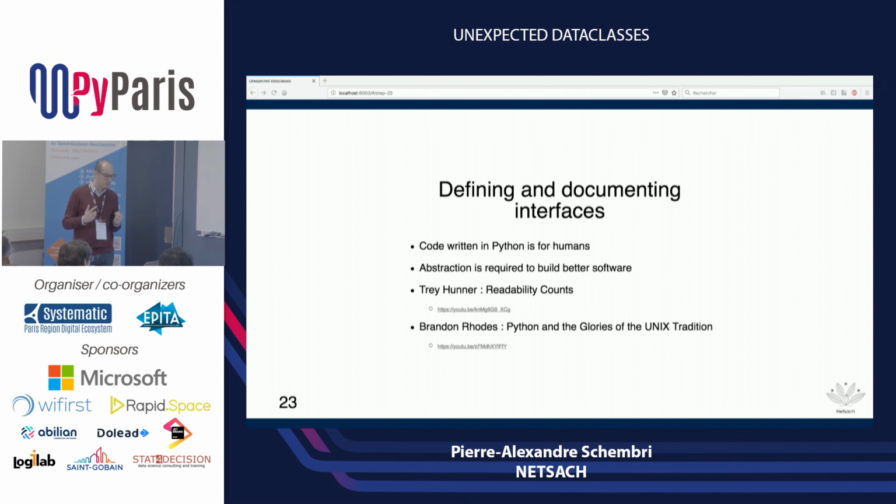Okay. When we study computer science, we need abstraction. And why do we need abstraction? To build better software that will be able to address a larger set of problems. But writing understandable code and abstraction is complicated.